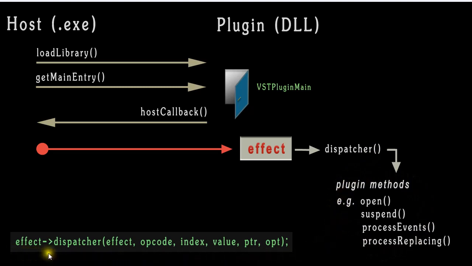This here is a call into the plugin. Effect here is this pointer to the effect object, and the opcode attribute tells the plugin which of these methods we want to execute. The values of these other four attributes will depend on which function we are calling.